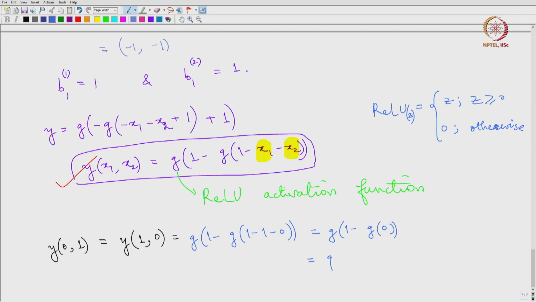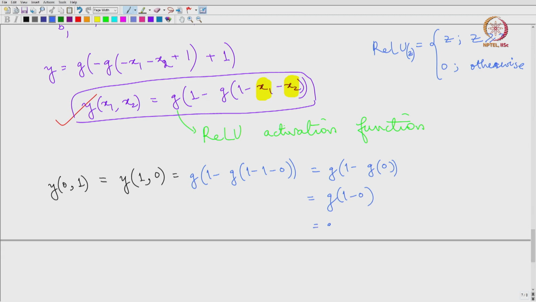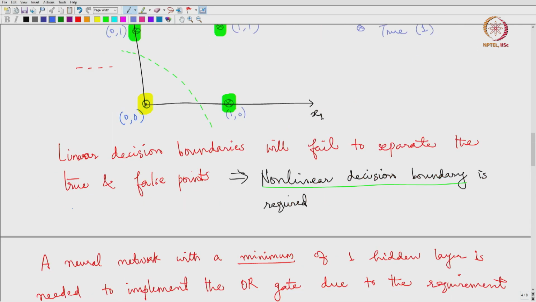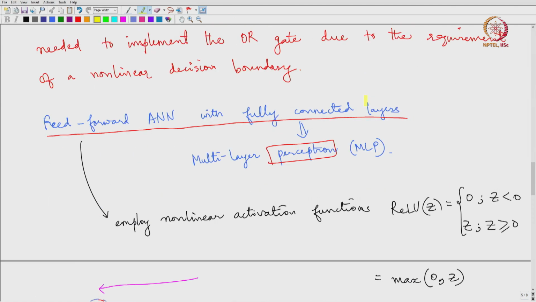So this g of 0 is simply 0. So this becomes g of 1 minus 0, so this is g of 1, and g of 1 you know is 1, okay. So this actually works. This corresponds to the second and the third rows in the truth table, okay. So far so good.